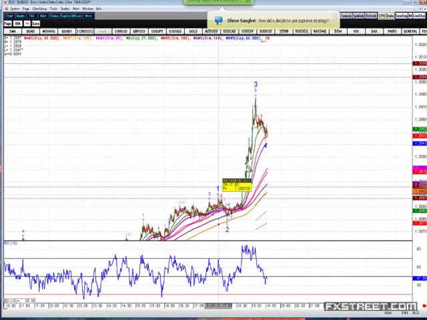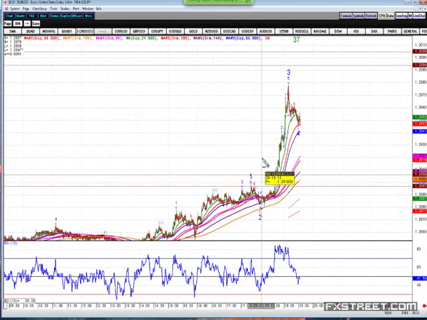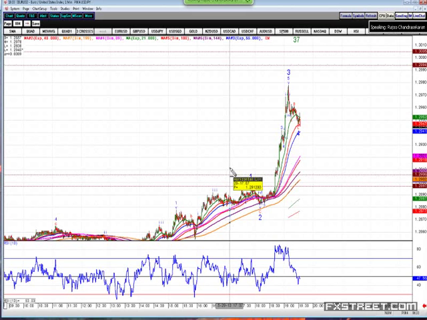Remember, we are working on probability, and we need to look for high probability trade setups. When we do it consistently, then you know what I'm talking about.